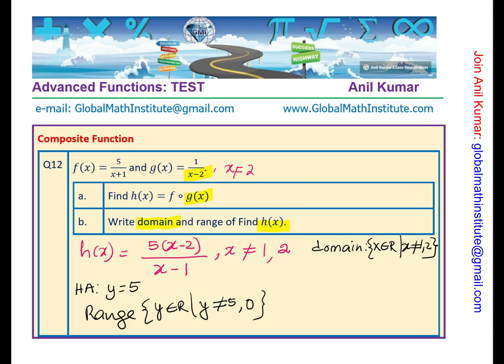So that is how the composite functions are very different from normal functions. You have to look into the values more in details because the restrictions in the inside function causes a restriction in the outside function also. Perfect. So that is how we have to look into such questions.